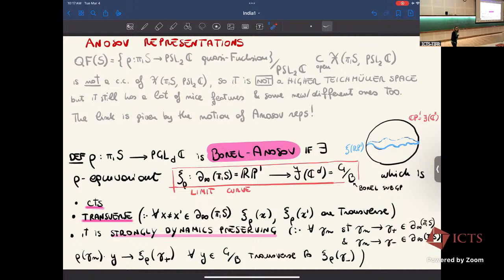Are you allowing gamma plus and gamma minus to be the same? No, no, this is the convergence. Exactly. There's a sense in which the attractor and repeller could be the same thing. Yes, but not here. There is a lot of work trying to think geometrically about the analog of geometrically finite.